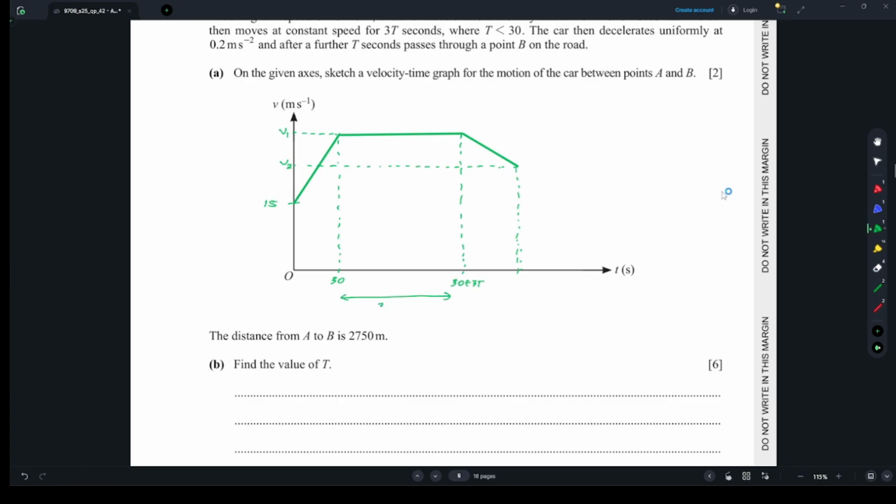This length is 3t because it travels 3t time, and then under deceleration it moves another t time. So the total time is 30 plus 4t. So this is the graph, this is what you have to indicate.